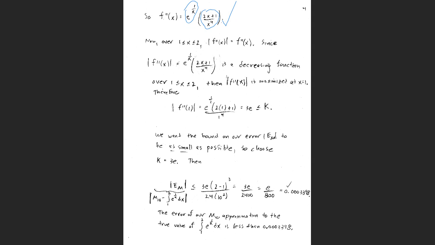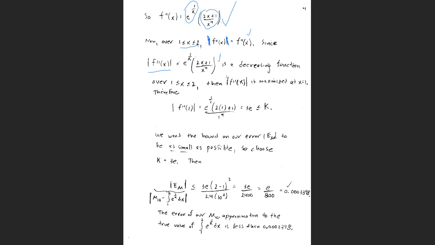Over the interval from 1 to 2, the absolute value of that second derivative would just be the second derivative. That second derivative is positive, so I can write the absolute value of the second derivative just as e to the 1 over x power times 2x plus 1 over x to the fourth.